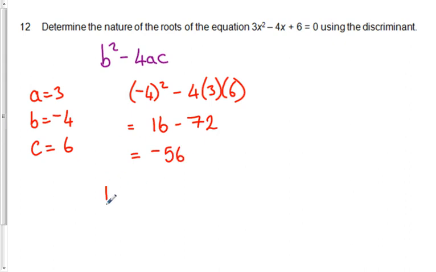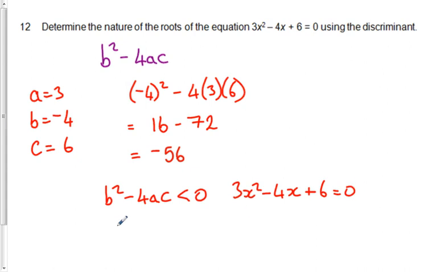So since b squared minus 4ac is less than 0, 3x squared minus 4x plus 6 equals 0 has no real roots. Having stated that it's got no real roots, we're done.